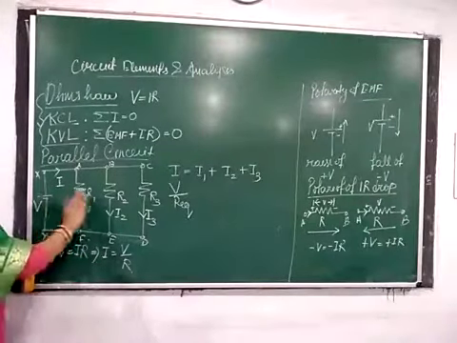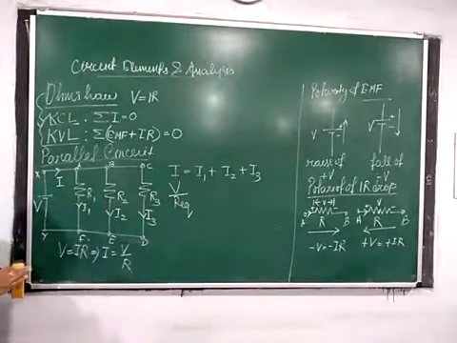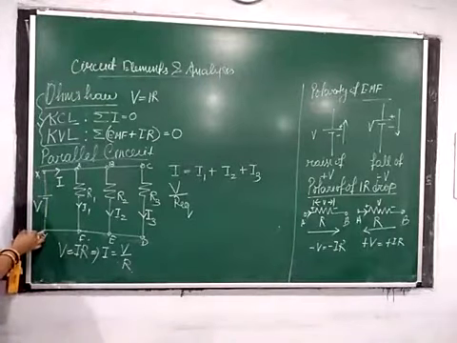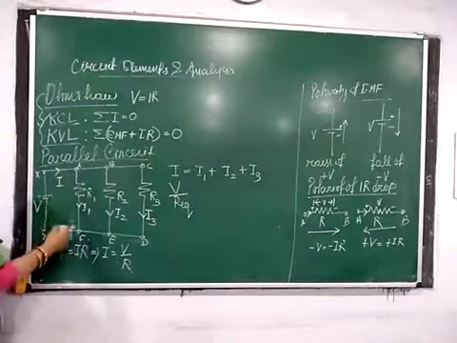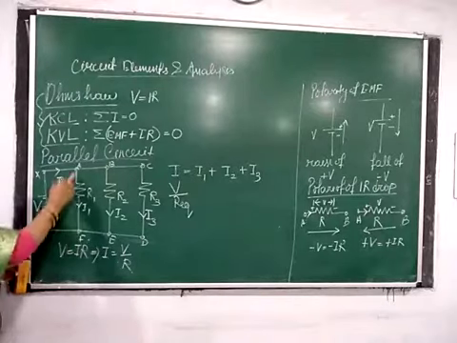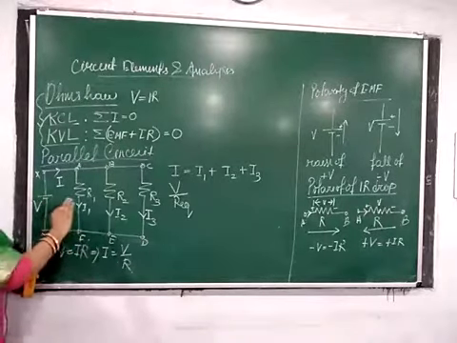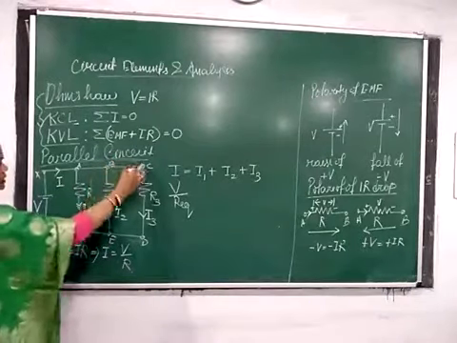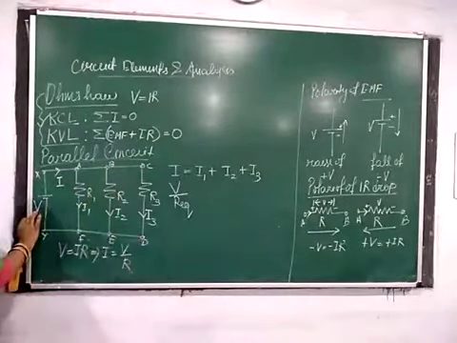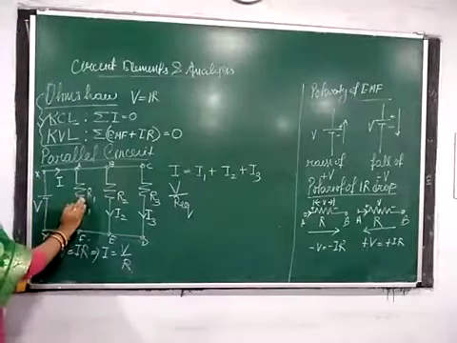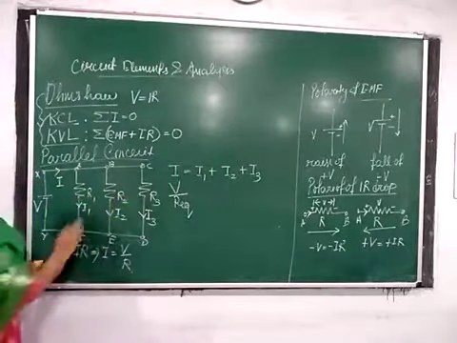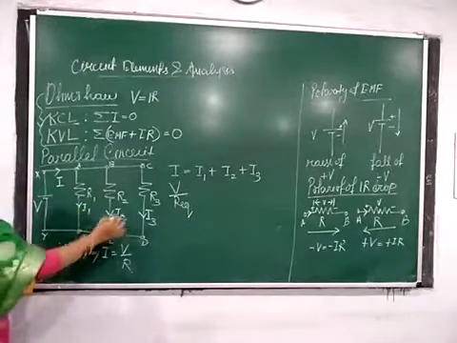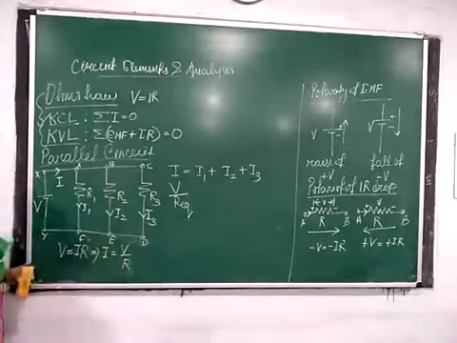It is a properly parallel circuit. Hence, the voltage across XY is the same as across AF, the same as across BE, the same as across CD. This means the same voltage V drops across R1, R2 and R3. Here also voltage is V, here also V, here also V.